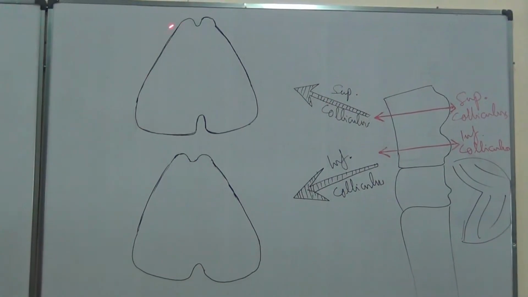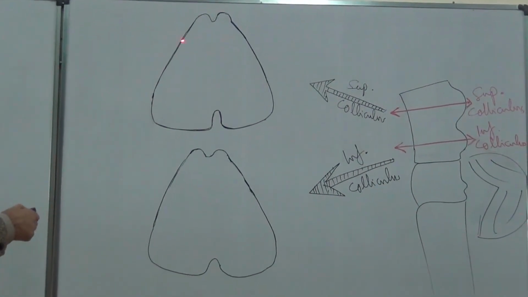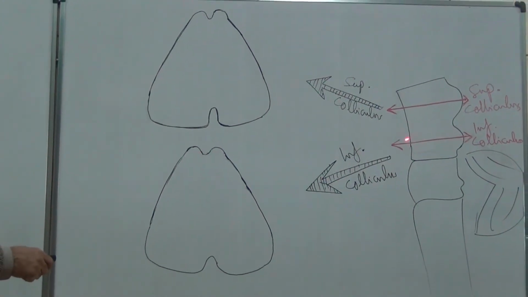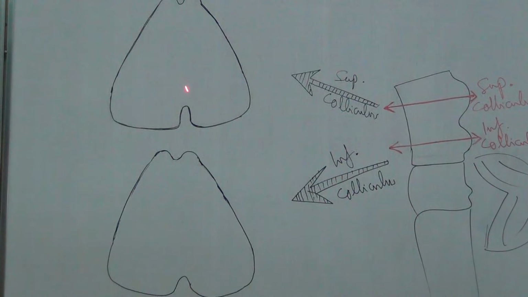Now this diagram shows a cross section through the upper half of the midbrain, that is at the level of superior colliculus, and this is a section of the midbrain at the level of inferior colliculus or lower half of the midbrain.